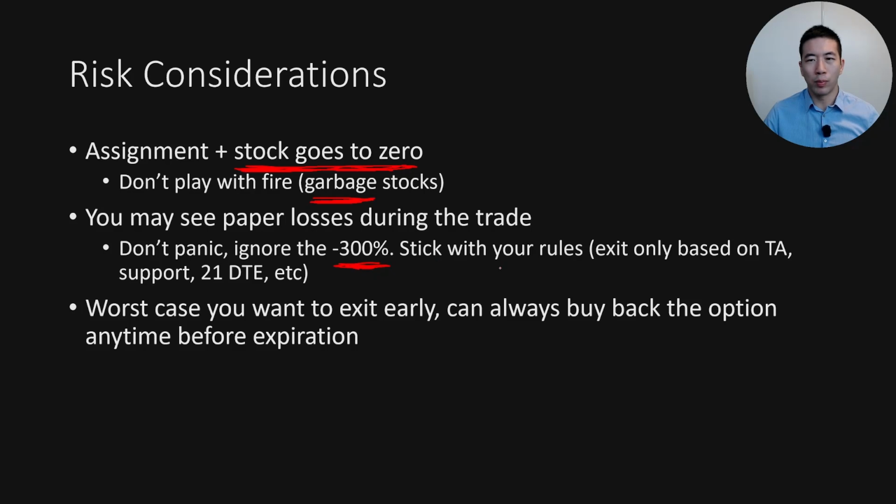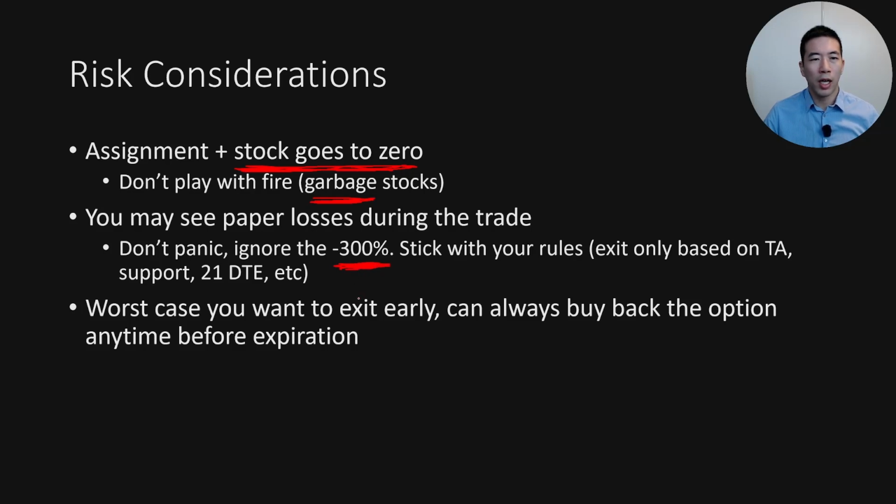Stick with your rules. We only exit based on technical analysis. Maybe you use support and resistance zones, etc. But we're not going to be exiting because you see a negative 300% right there. Okay, you might exit based on 21 days to expiry or any other rules you set in place.